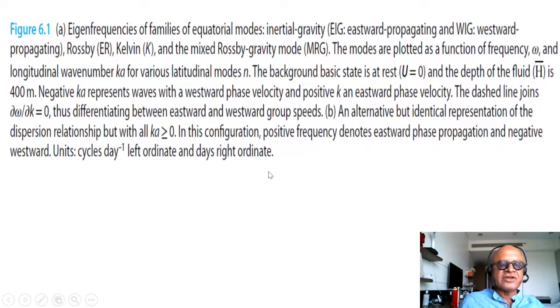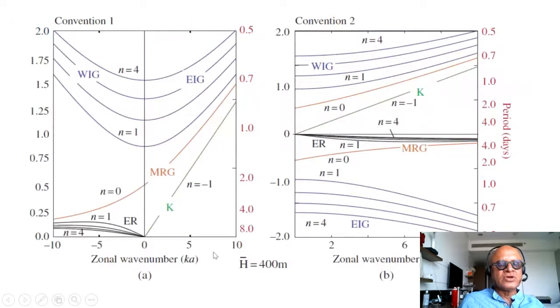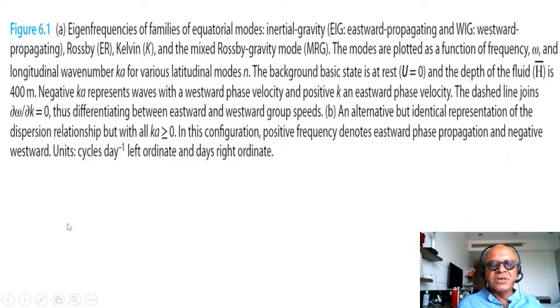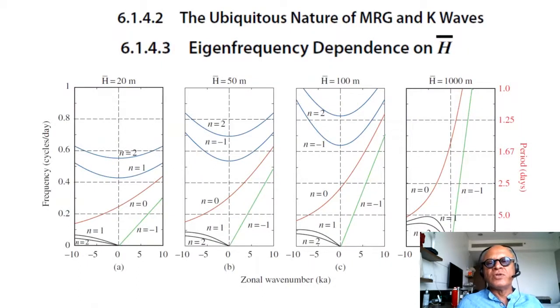Let's forget about the alternative representation. So you can see here the 0 line basically should be here, but it's missing. Okay, nevertheless, let's look at the ubiquitous nature of mixed Rossby gravity waves and Kelvin waves.